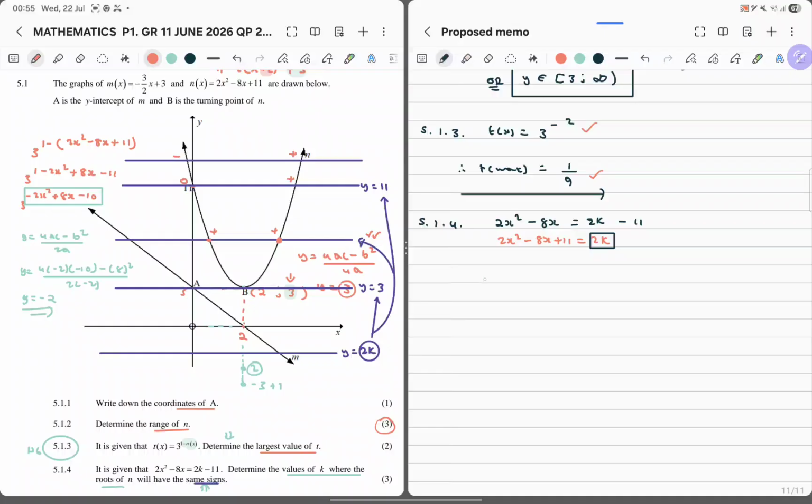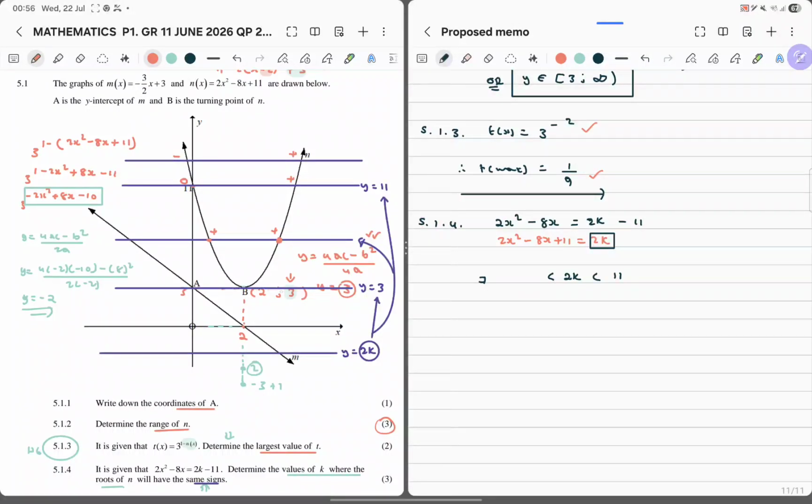For this, we can write our conclusion and say, therefore, not x but k. Remember, we're looking for the values of k, but what we have here is 2k. This implies that 2k must be less than 11, because it can't be 11, and it can't be beyond 11 because we lose this.